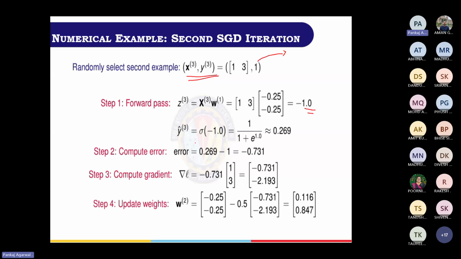You applied this, you get this. After applying the sigmoid, you compute the error. The output was 1, so whatever you have to compute was on that basis. Then again, you compute the gradient, right? Then you compute the weights, right? So that is what you got.